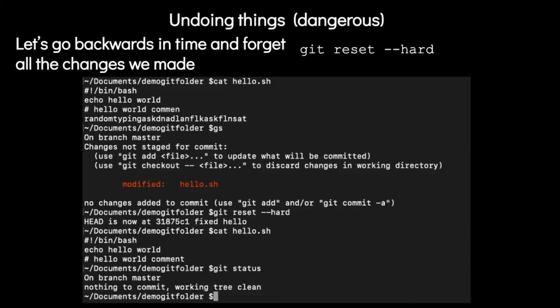That's going to break my script, and I'm not really happy about that. So instead of manually editing the file again and getting rid of that, I know it was in a good state before I had that random typing. So what I'm going to do is say, just git reset hard. It'll reset to the state it was, wherever HEAD was pointing in that last commit. It's a good way to go back and just clean the slate and start over again.